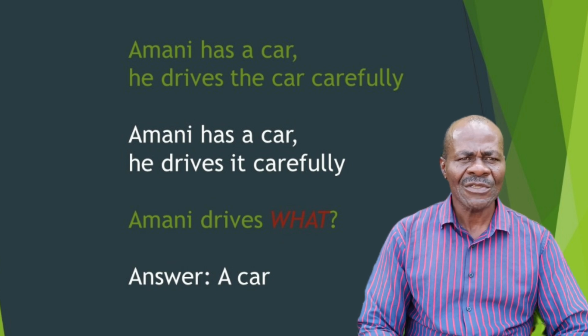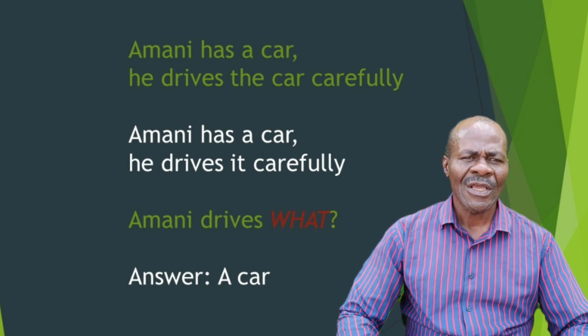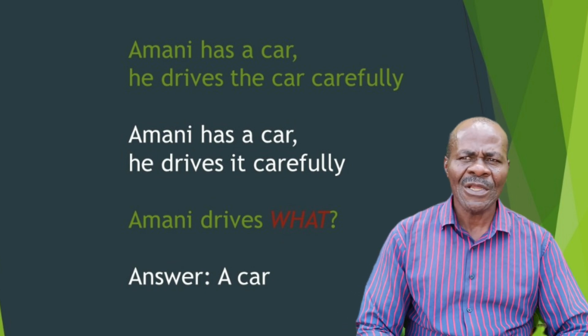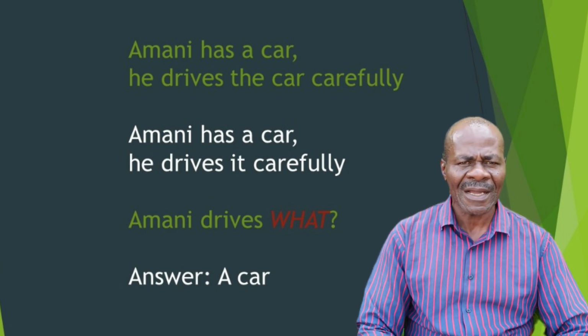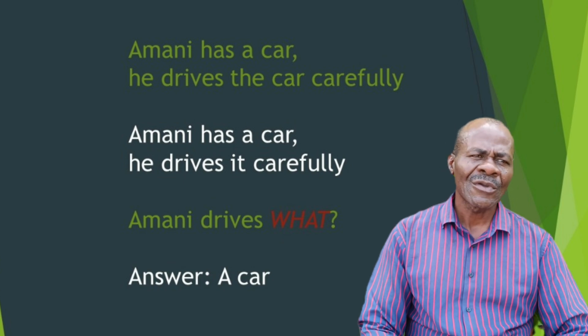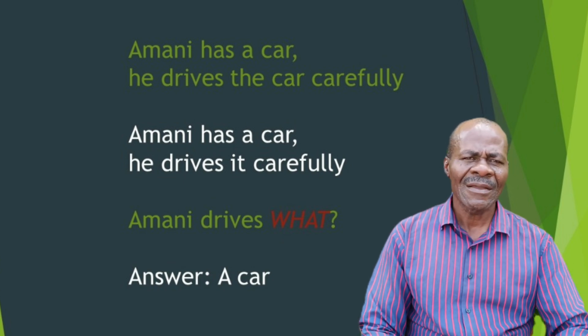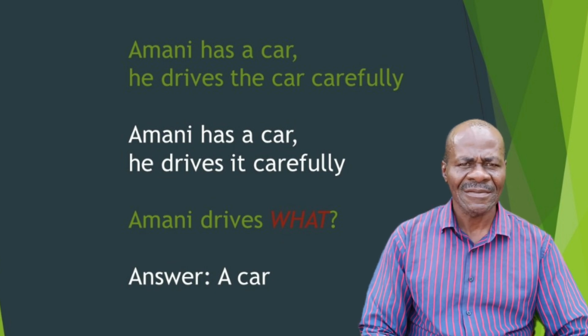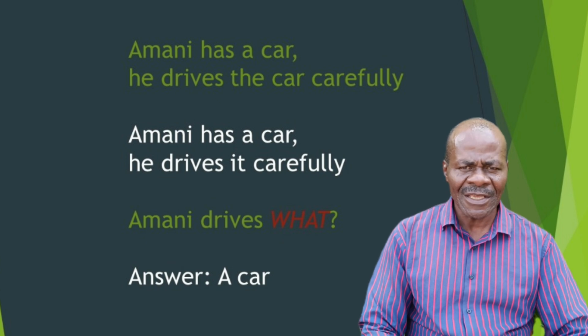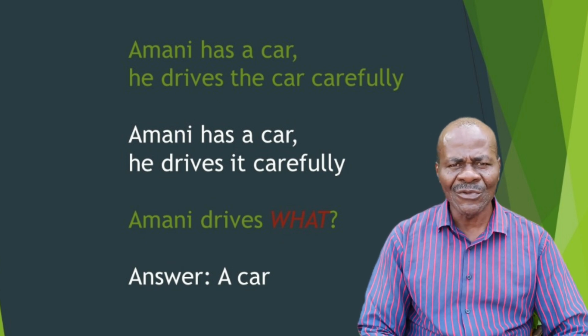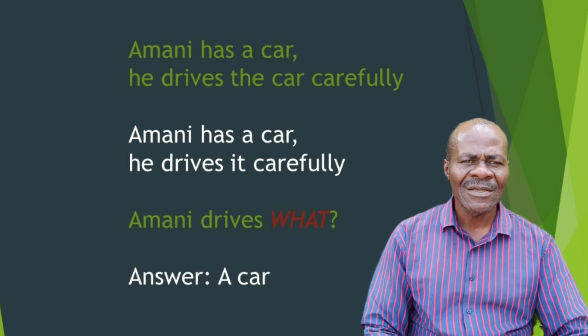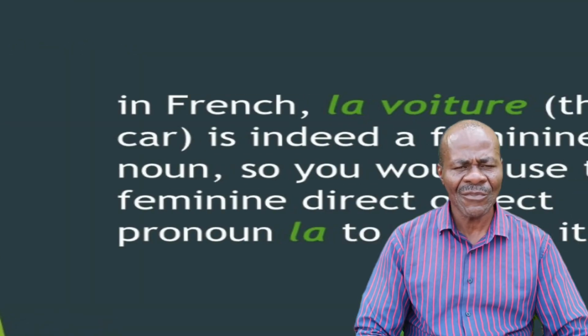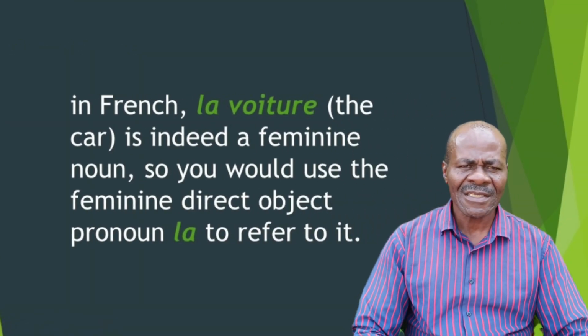In the French language, if you want to use a pronoun in the place of this direct object car, we have to look among the pronoms compléments d'objet direct for the it. If you check, you see that it is la, because car in French is feminine.